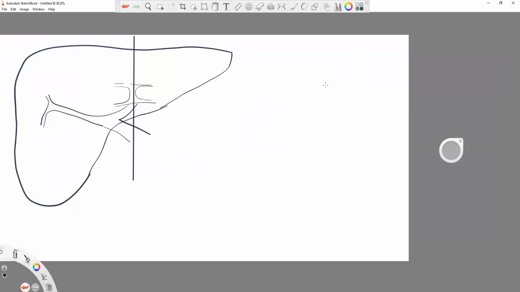So let's do another liver. The liver is kind of symmetrical, so it can look somewhat similar. Now I've created a sick looking liver. Let's make it a healthy looking liver. So I've created a liver that's more or less the same shape.